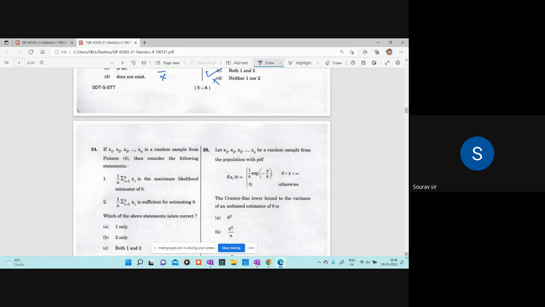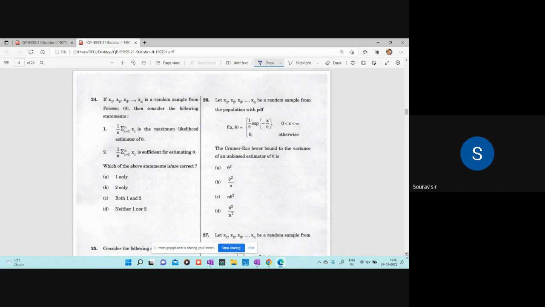Next, going for answer 24, and then answer 26.